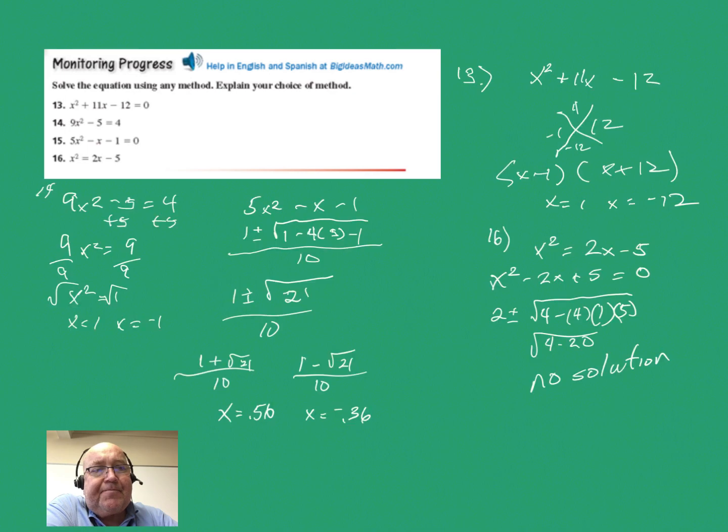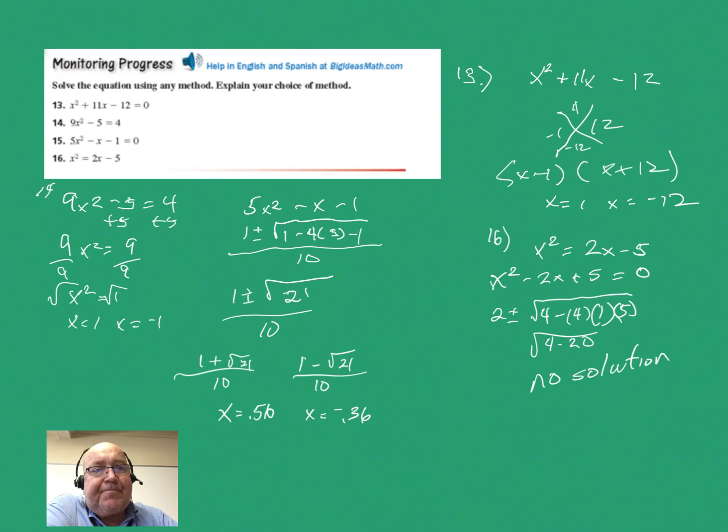Okay, as we finish this up, number 13, you can see that it was easy to factor. So we factored using the rules that we talked about earlier in chapter 7, and then set the factors equal to 0 to get the solutions. Number 14, I used just square roots.